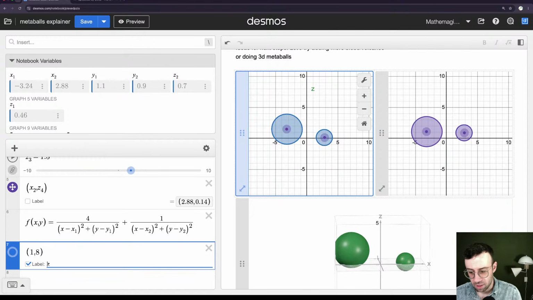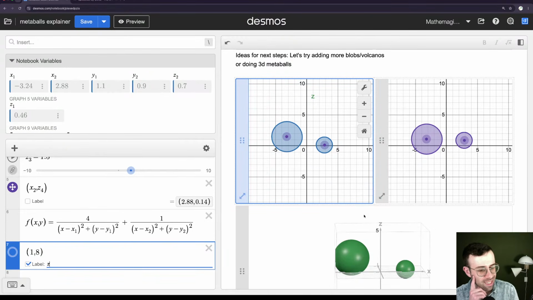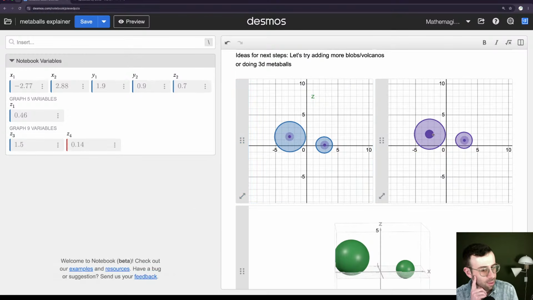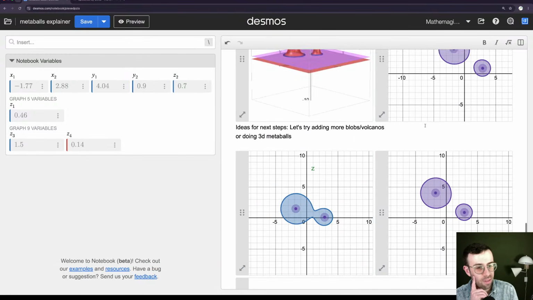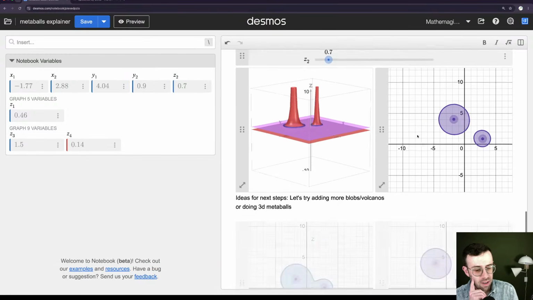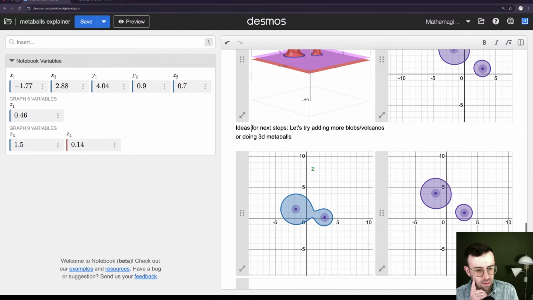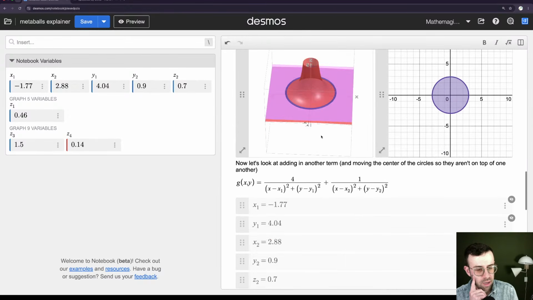Of course, I want to do it in nice math type. There we go. That doesn't look better though. No. I'm all about cool, not useful. That makes sense. Yeah, I don't know if it really explains what's going on with the metaballs. The point of the notebook was to explain. So yeah, I feel like this is pretty good.